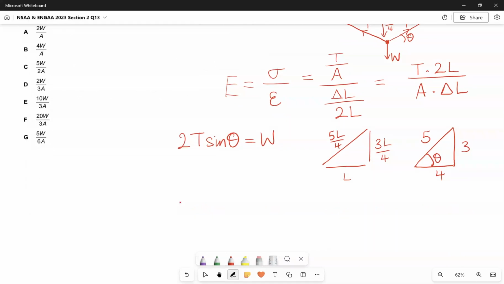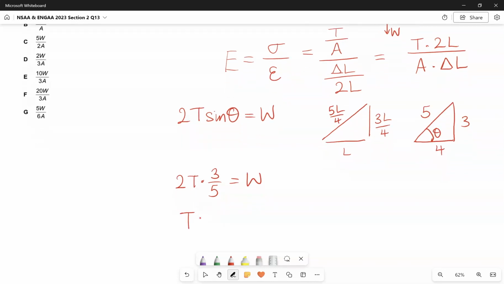So this means that 2 times T times 3 over 5 equals W. So T equals 5W over, well, 3 times 2, which I know is 6, but I'll leave it as this for now. And then we just need to work out delta L. So delta L will just be, well, what's the new length?